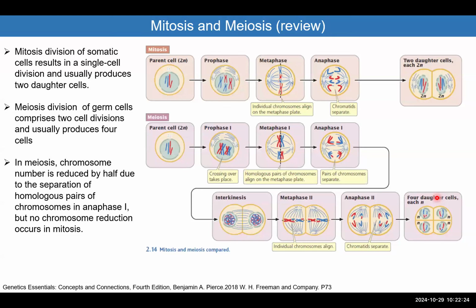Bear in mind that meiosis in males and females is totally different. While meiosis takes place within the same period of time in males to generate the sperm, and you get 4 sperm of only half the amount of the DNA. So recall the parent cell has 2N chromosomes, and the resulting sperm in a male, you will have 4 cells, each of only half the amount of the genetic material, which is only 1N, not 2N.